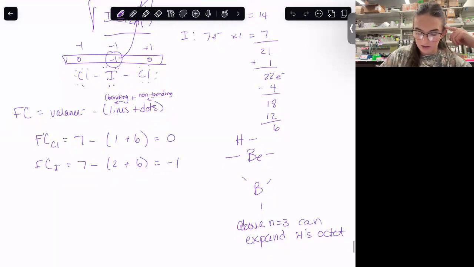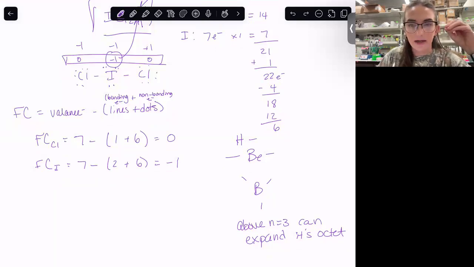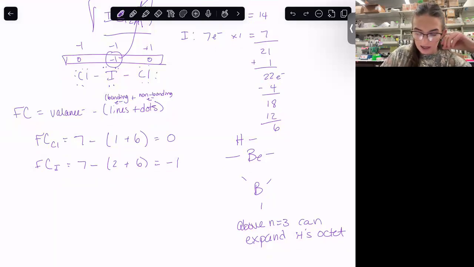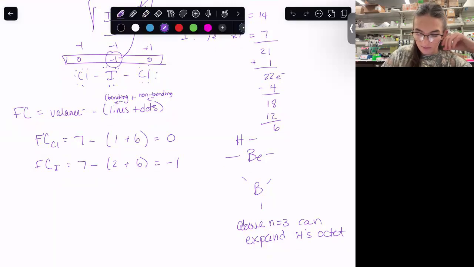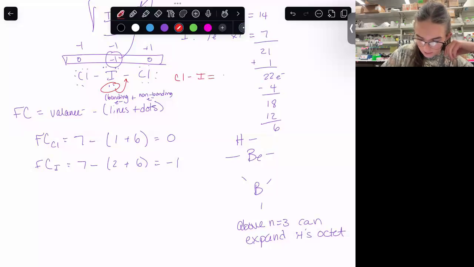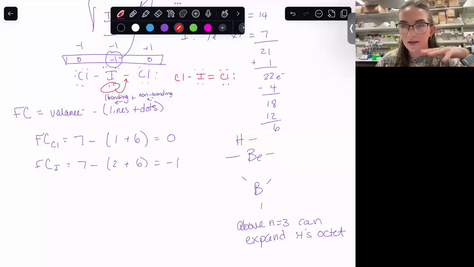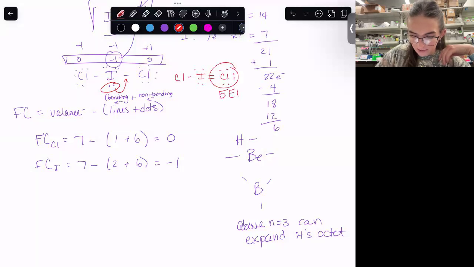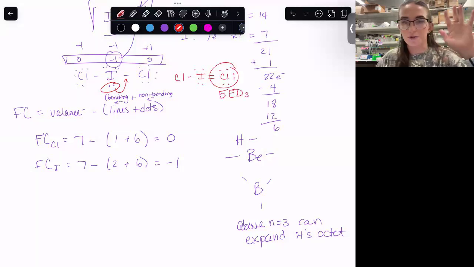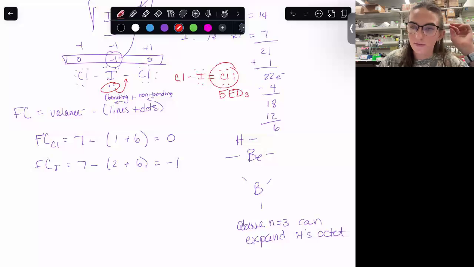If you did this, chlorine cannot expand its octet, so you can't take one of these electrons and put it here, because that gives 5 electron domains to chlorine, and chlorine can't expand its octet.